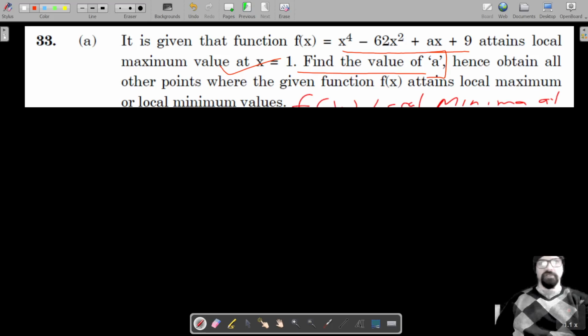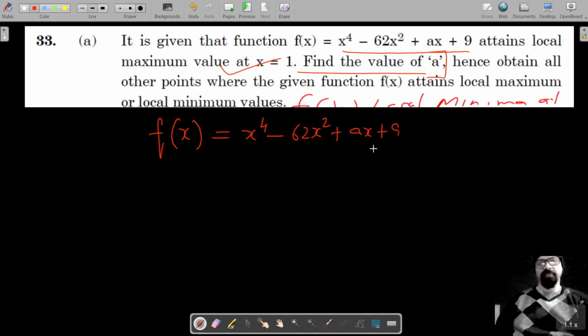Our function is f of x equal to x raised to the power 4 minus 62x squared plus ax plus 9. Now this function attains local maximum value at x equal to 1, so x equal to 1 is a point of local maxima.